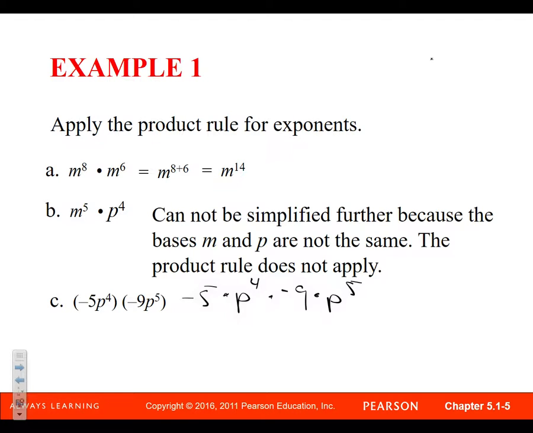It means I could do it in any order, and everything would still be okay. So I can just say that is -5 times -9 times p to the 4th times p to the 5th, and then that just becomes p to the 9th. And of course, -5 times -9 is positive 45. So that's simply 45p to the 9th. Or you could just multiply it and know that those exponents are going to get added because you're multiplying them. Okay? Questions there?